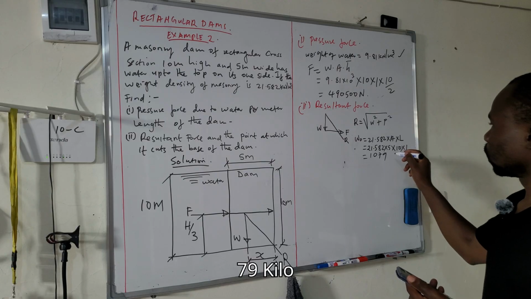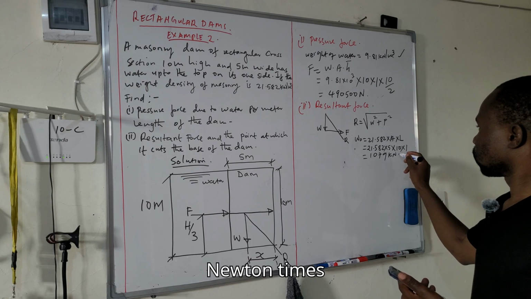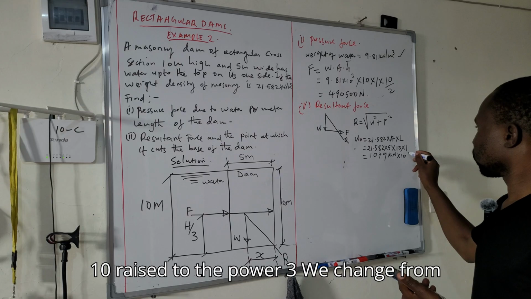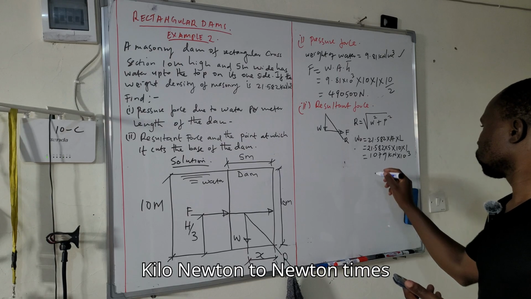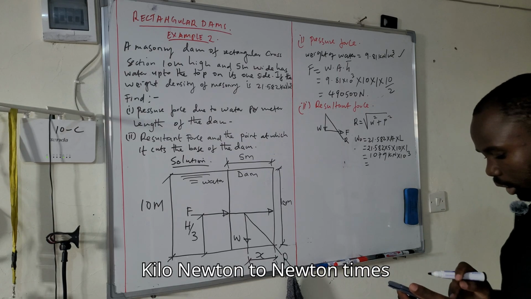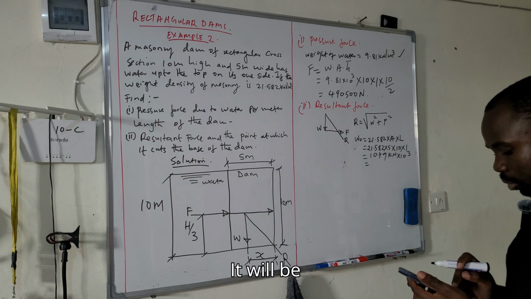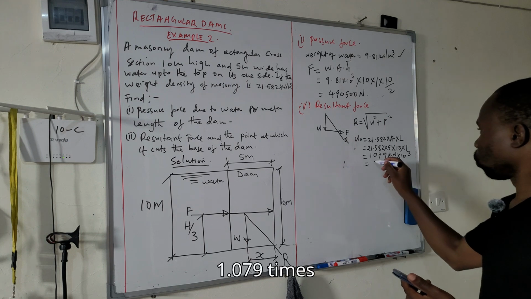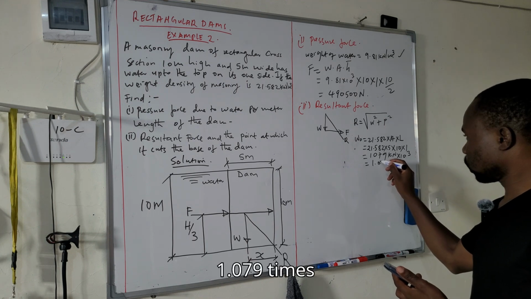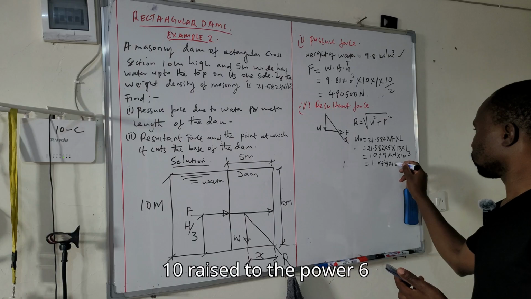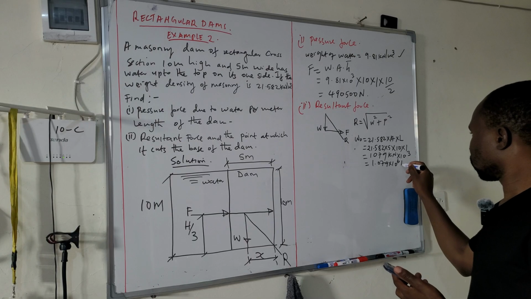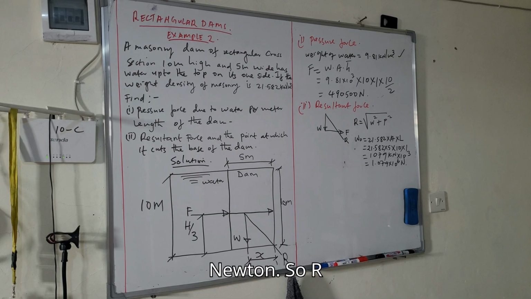So the answer is 1079 kilonewton times 10 raised power 3. We change from kilonewton to newton, times 10 power 3. It will be 1.079 times 10 raised power 6 Newton.